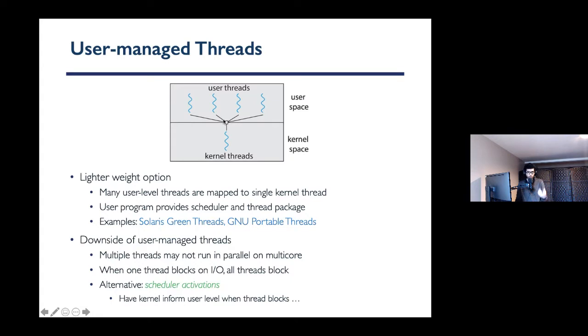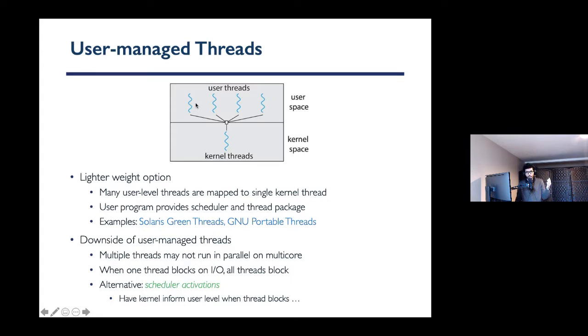One thread can get one processor. So this entire user space thread is going to be assigned to one core. So basically all of these threads have to share that one core. So that's the first downside.